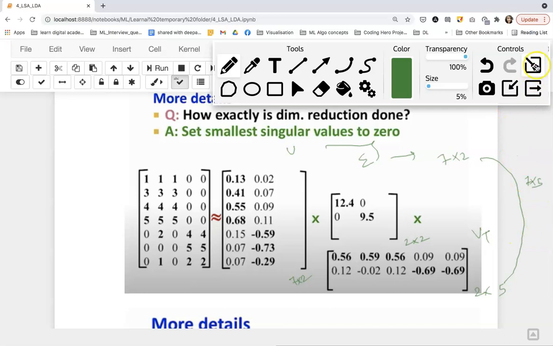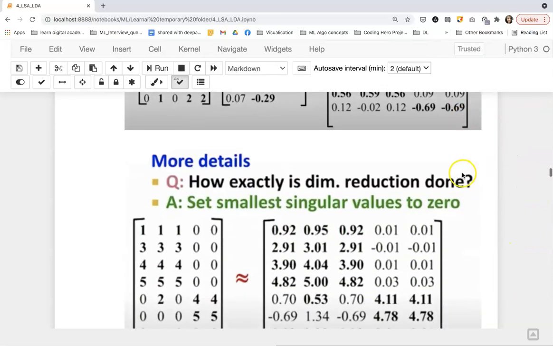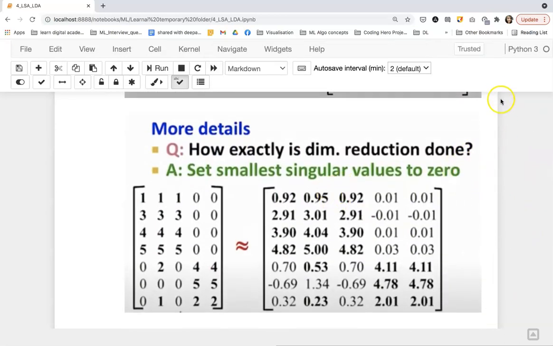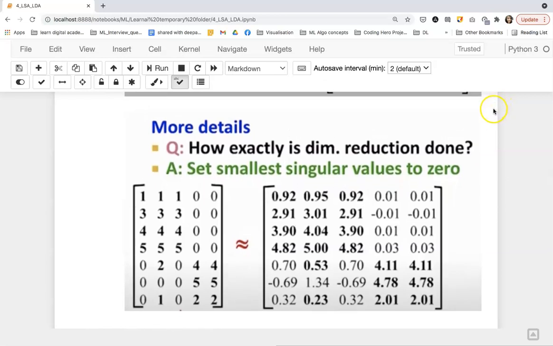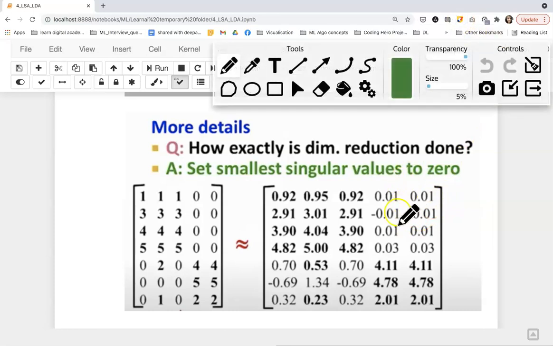Now let's see below. We will get this matrix over here, and we will set all the smallest values to 0.